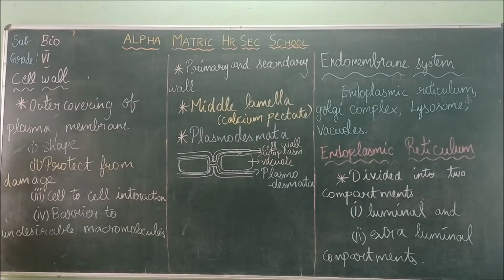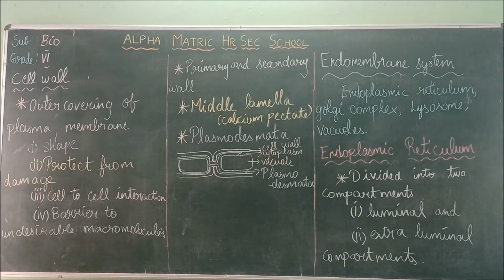So what are the different characteristics of this cell wall? It gives a definite shape to the cell and it protects the cell from damage if it gets any accidental wound.